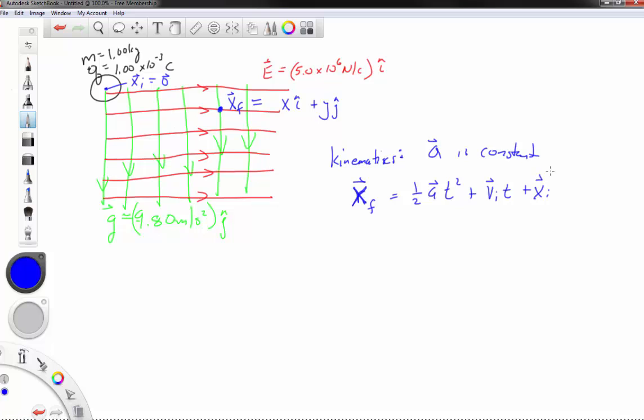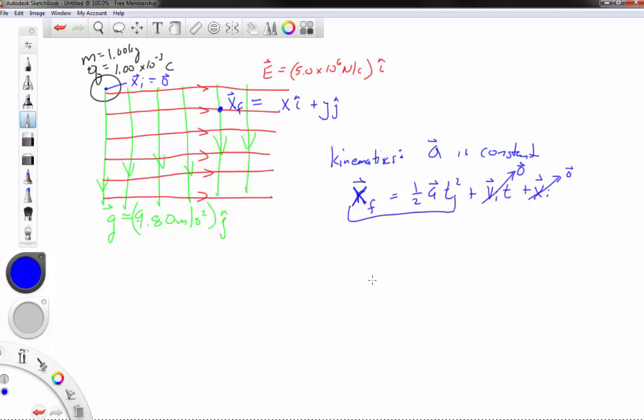And we were told that this thing is initially at rest, or at least we aren't given any information to the contrary. So this term right here is 0, and this term right here is 0.